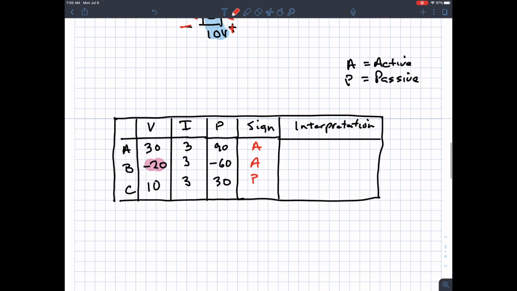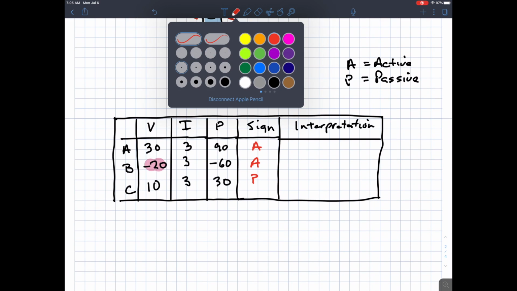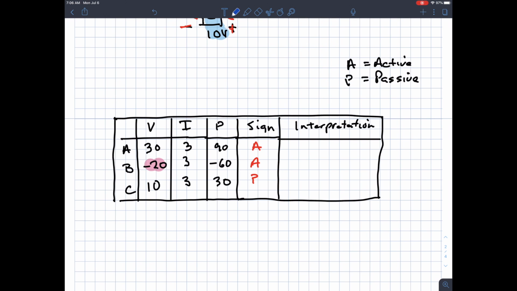At that point, we're able to interpret the power, in terms of whether it's using power or supplying power to the circuit. On the first one, since we have 90 and it's active, our conclusion is this is 90 watts supplied to the circuit. The next one, we have a minus 60, but it's an active sign convention.